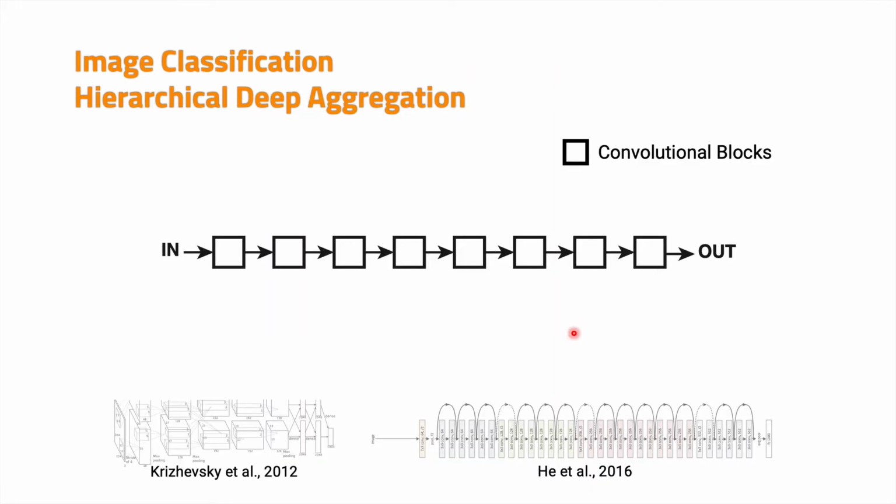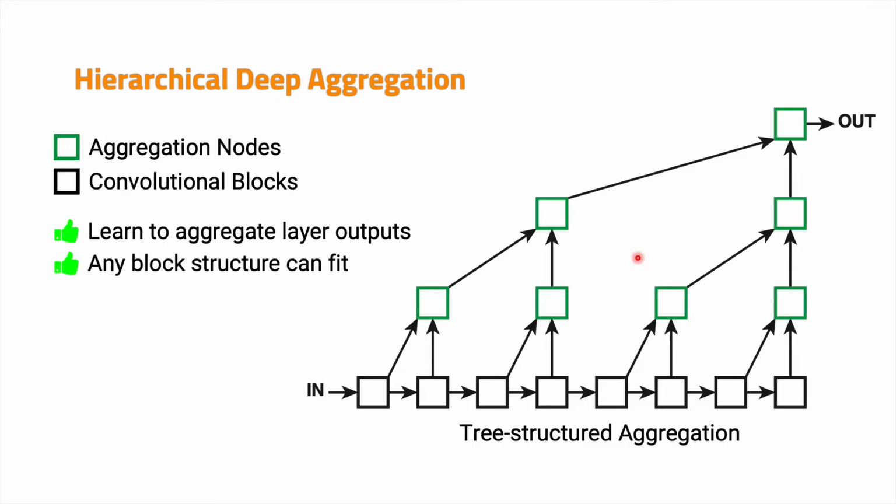First of all, let's look at the general building blocks. No matter how those networks have evolved in classification, they generally follow this structure: you have the input, and then the input information is passed into each building block.